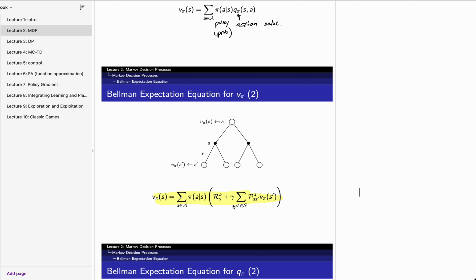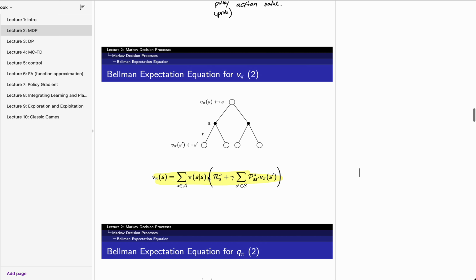Sum it up, then times a discount factor. So that becomes the complete Bellman expectation equation for calculating the state value function V of s under policy pi.